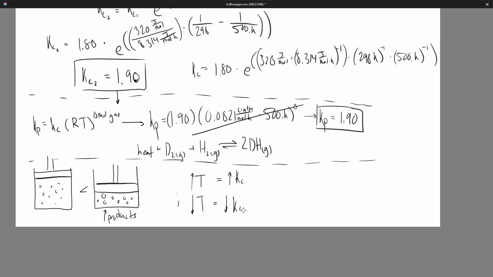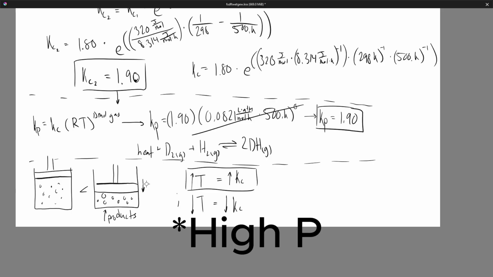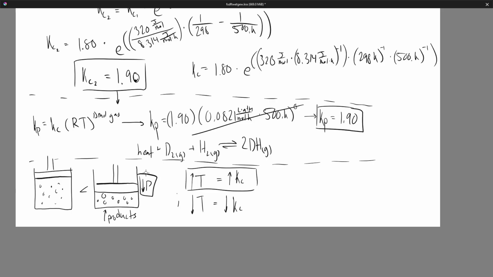And the lower the temperature, the less the reaction is favoring the products, and the more it's favoring the reactants instead. So to answer the question, it'd be a high temperature and a low pressure. That will make the yield the highest.